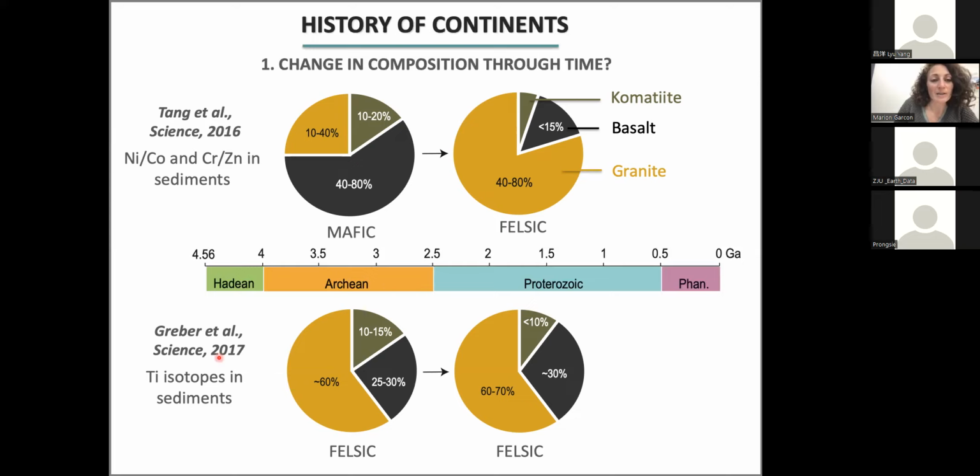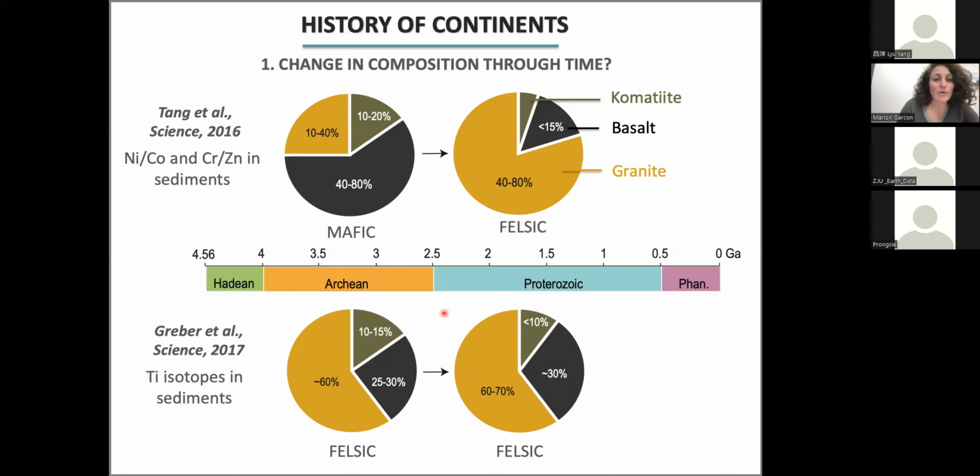The second study, one year later, used titanium isotopes in sediments to conclude that the crust was felsic in the past 3.5 billion years, and that there were no major changes in terms of composition through time. So these are very different results.